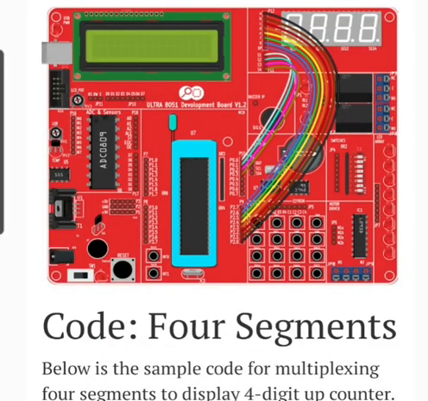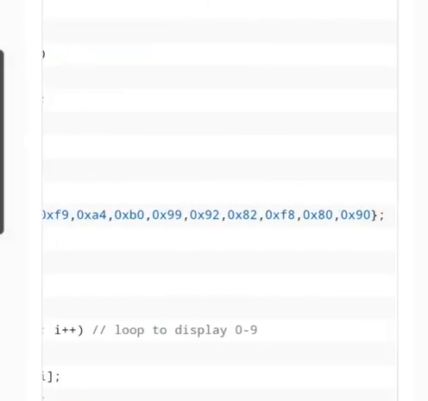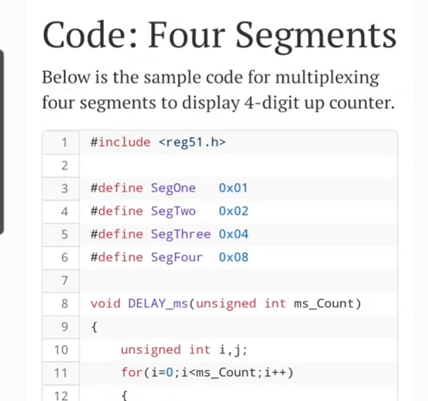Next is the sample code for multiplexing of 4 segments to display a 4-digit up counter. The previous was the code for a single digit up counter, and here is the one for the 4-digit up counter.